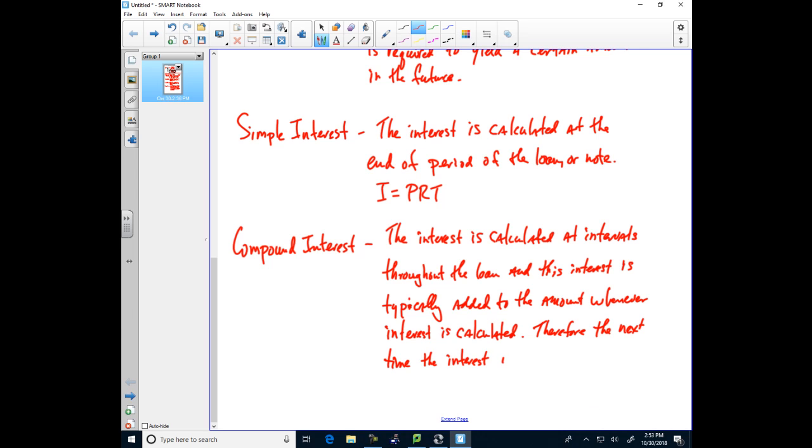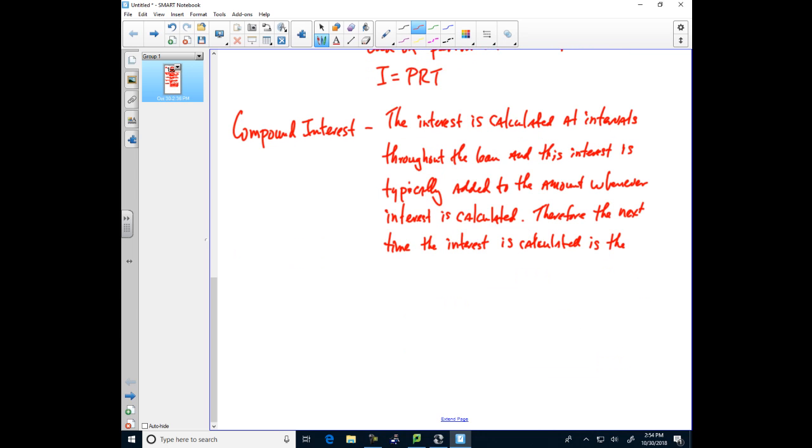Next time the interest is calculated, it is based on the starting amount plus the accumulated. Can I spell accumulated?